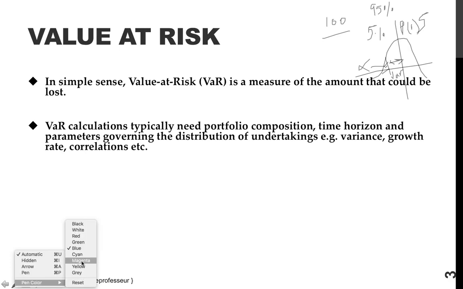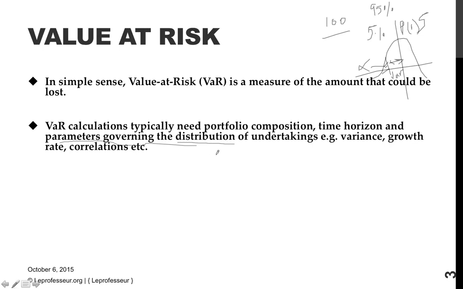So that makes things tricky. Let's say tomorrow some news comes and suddenly technology stocks start falling, and all your models go wrong. So that's important, the parameters governing the distribution. And because there is too much uncertainty, you don't know the price, you don't know what the other factors are, there is a significant level of uncertainty. But based on past performance, you can check certain statistical parameters, and that makes this whole thing complex.